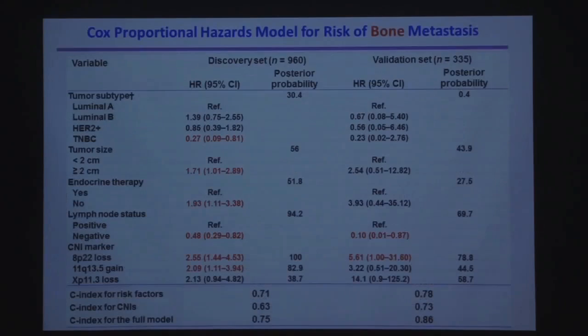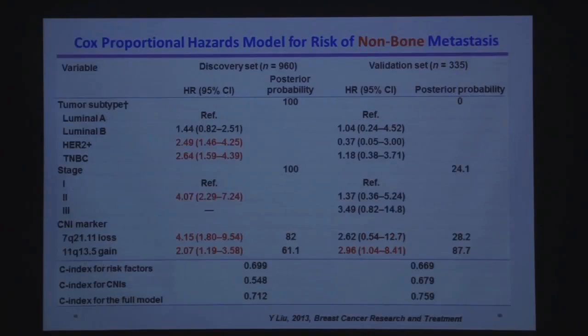And in this particular slide, it was about twofold. So it seems like the loss on 8p was important for the bone, and the 7q21 actually probably drove it even more for the non-bone.